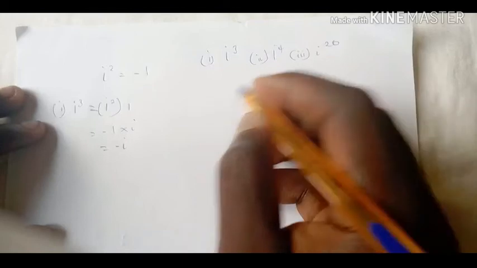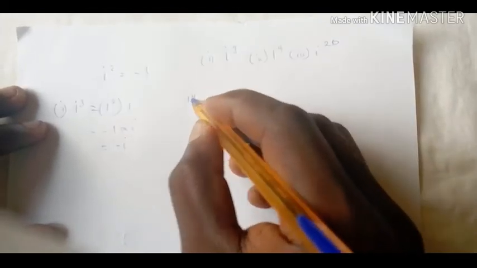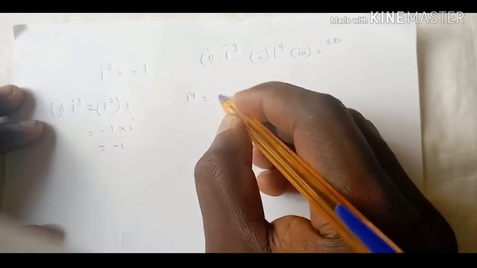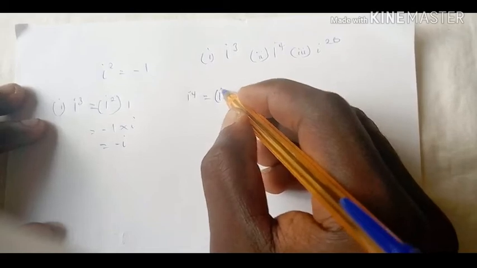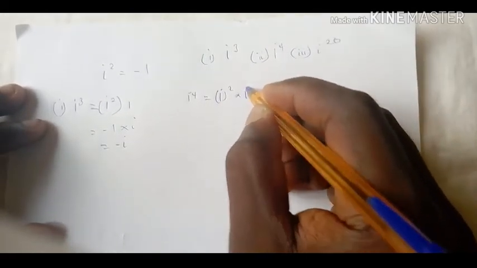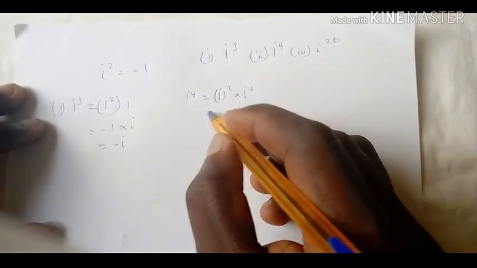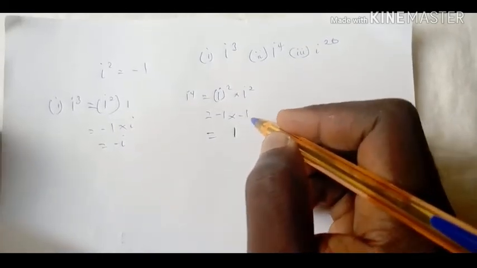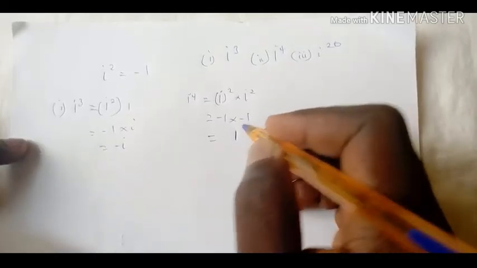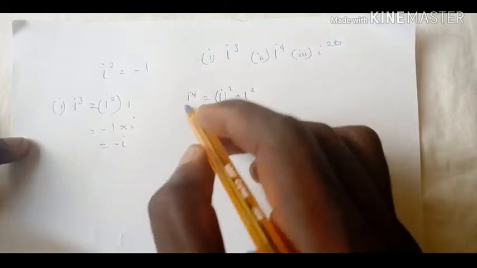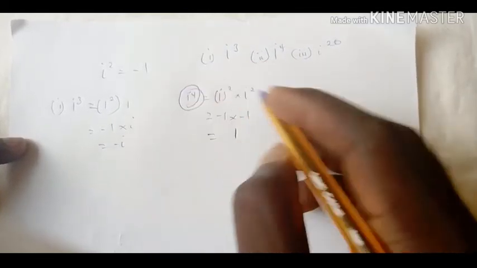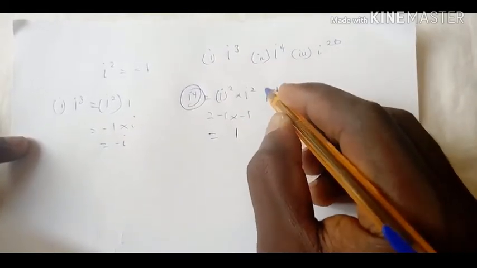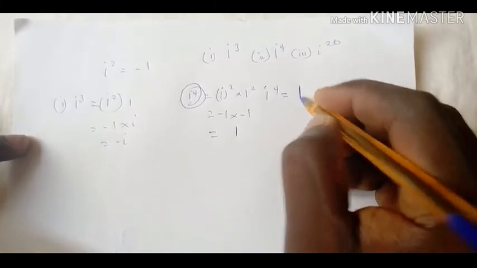Similarly, i to the 4 is the same thing as i squared times i squared, so it becomes -1 times -1, which is equal to 1. Take particular note of this one: i to the 4 is equal to 1.